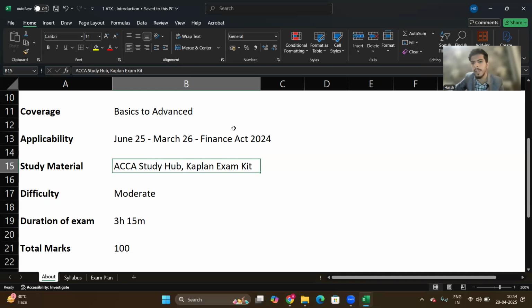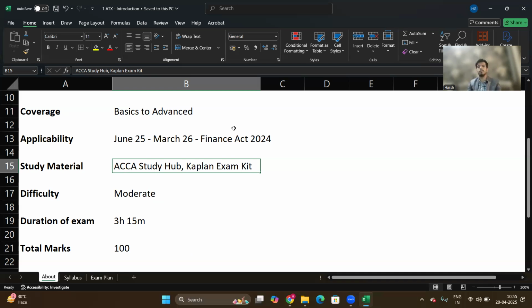I think the changes and new things get introduced and implemented in Study Hub much earlier than any other learning partner. And I heard recently that Kaplan has also been discontinued as a learning partner. I do not remember exactly, but I heard that news. So I think ACCA Study Hub is the most relevant thing that you should study.